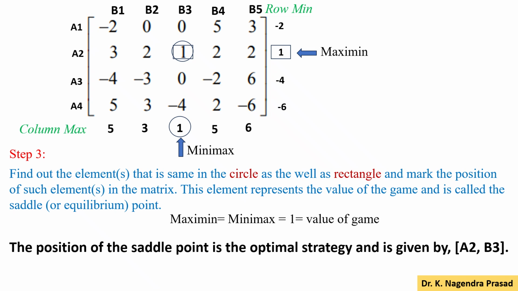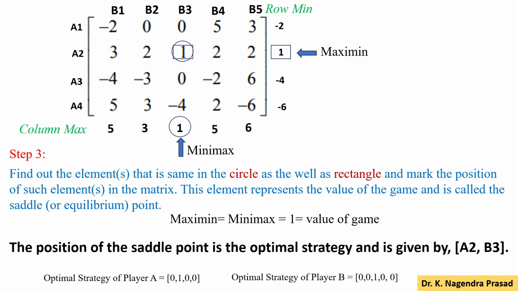So from player A's point of view, among the 4 strategies he will select only the second strategy. Similarly, from player B's point of view, among the 5 strategies he selects only the third strategy.